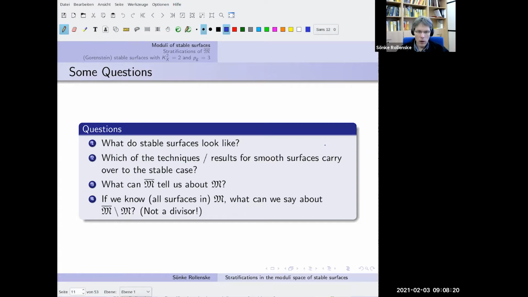Just recall, the boundary doesn't need to be a divisor, it can be of any codimension, so it's slightly complicated, but what can we say about it? I'm approaching this question more on a point-by-point level. So I'm not asking about the moduli space as a variety in itself, but I'm looking more at one surface at a time. What kind of surfaces are parameterized by M, and what kind of surfaces do I get which are parameterized by the boundary?